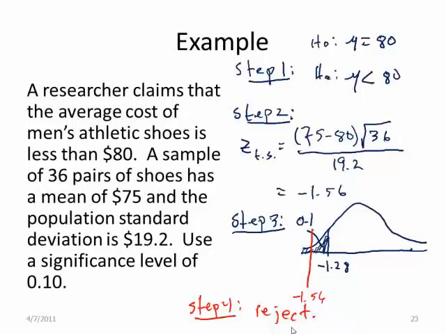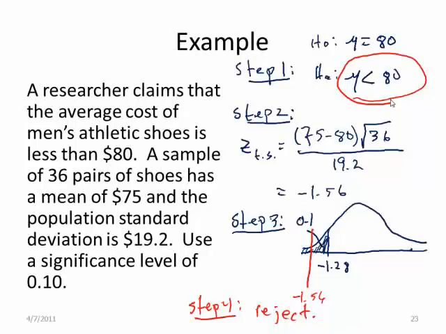So if we reject the null hypothesis, then that means we're accepting the alternative. And what is the alternative telling us? That the mean cost of the shoes is less than $80. So that's what you say. Just one sentence, but make sure you include the alpha level. So at alpha equals 0.1, the average cost of men's athletic shoes is less than $80.